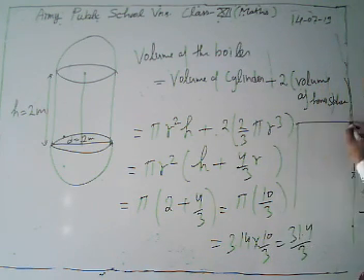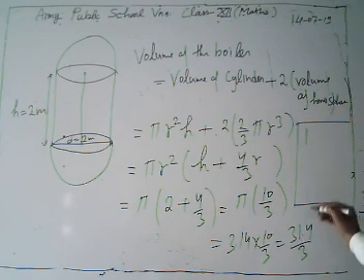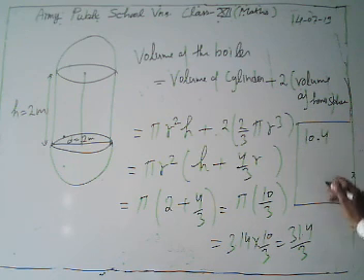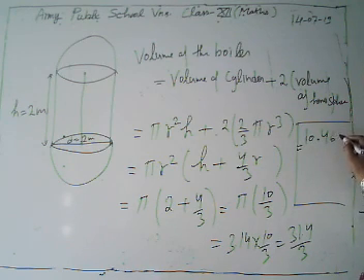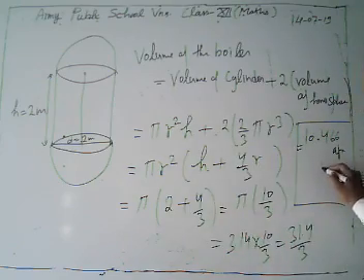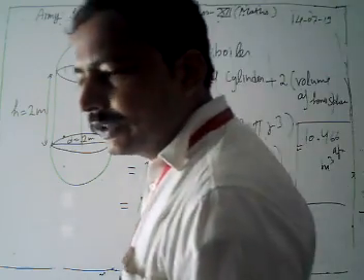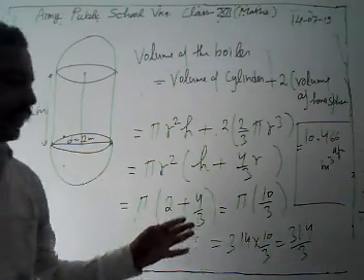After solving 31.4 by 3, we get approximately 10.46 meter cube. So the volume of this boiler is about 10.46 meter cube.